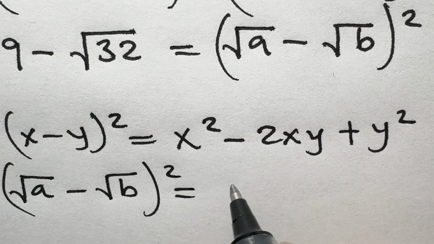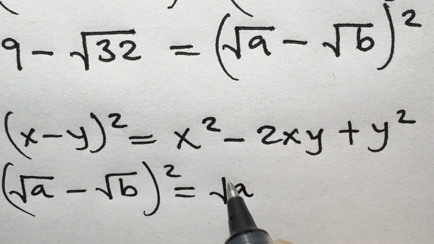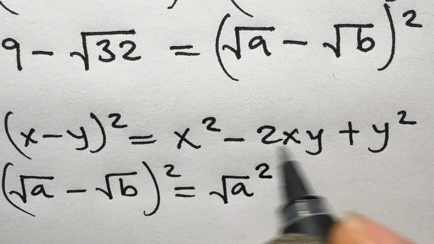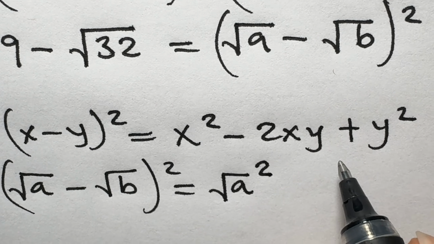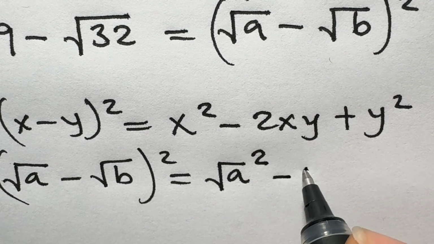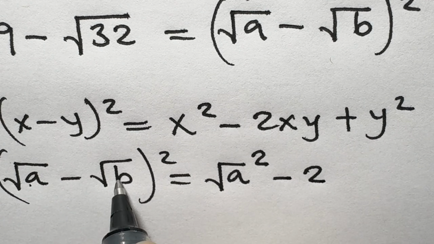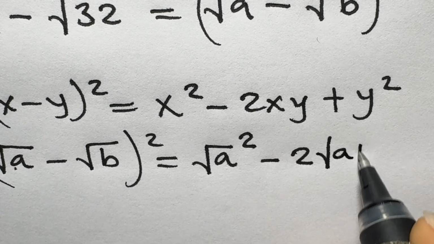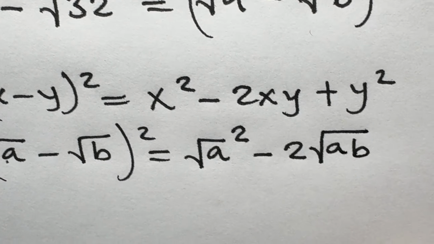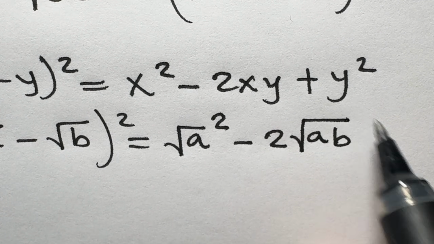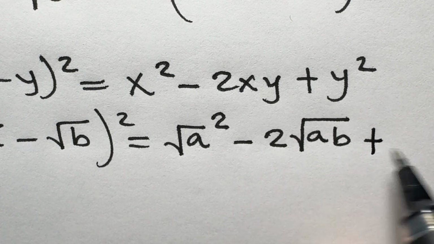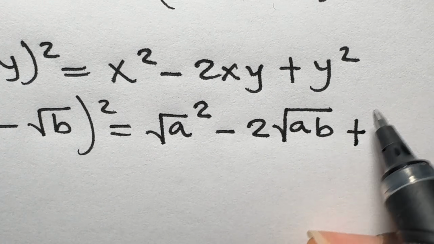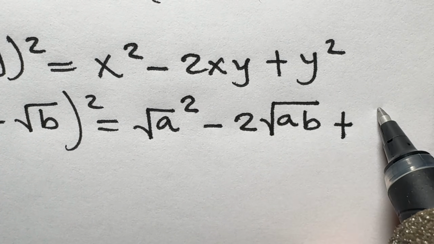should give us square root of a raised to power 2 following this identity, then minus 2, that will be root a times root b, so I'll have root ab, then plus root b squared.